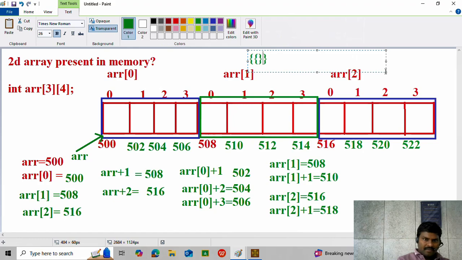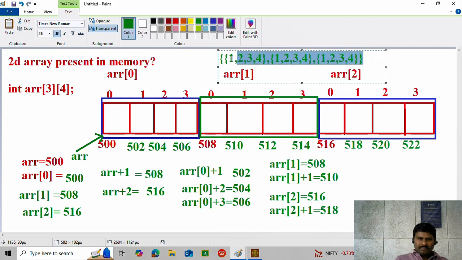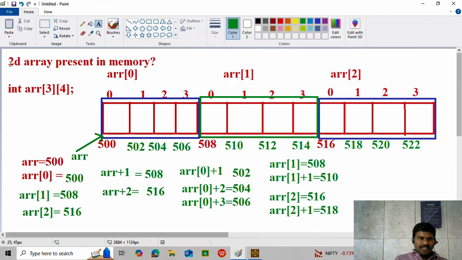Within the array, single dimensional array, single dimensional array, single dimensional array. In each single dimensional array, 4 values, 1 2 3 4, some garbage values. So this is how 2D arrays are present in memory.